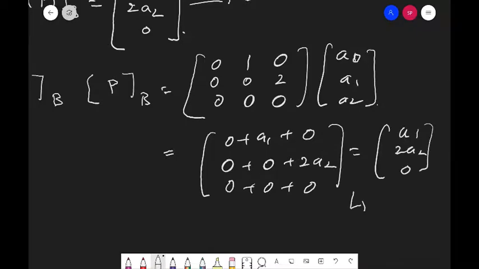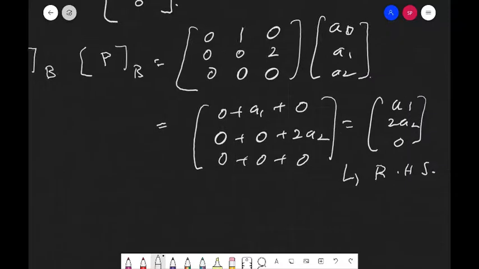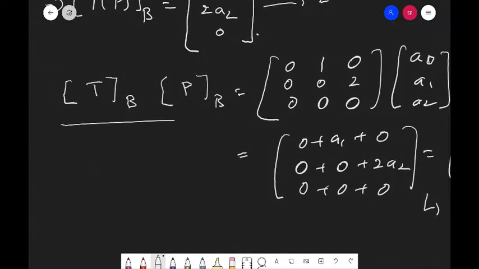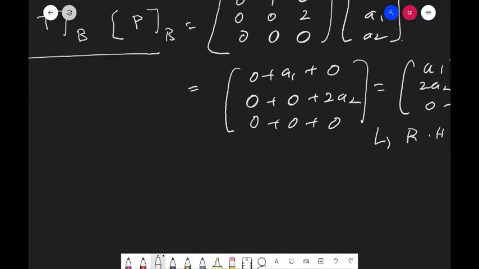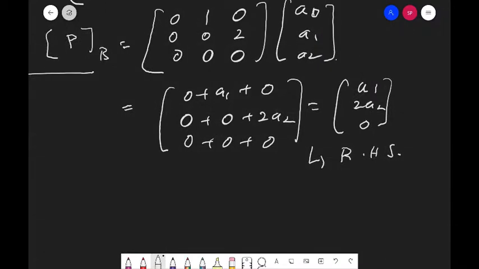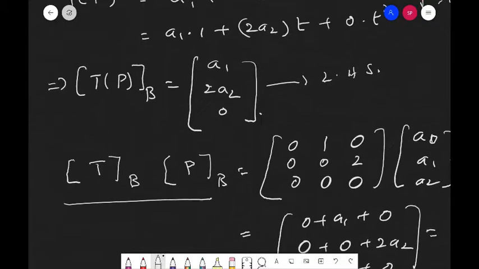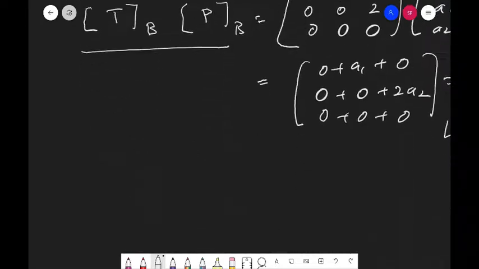This is the RHS. So you can observe this one is a1, 2 a2, 0, and the LHS is also the same, a1, 2 a2, 0.